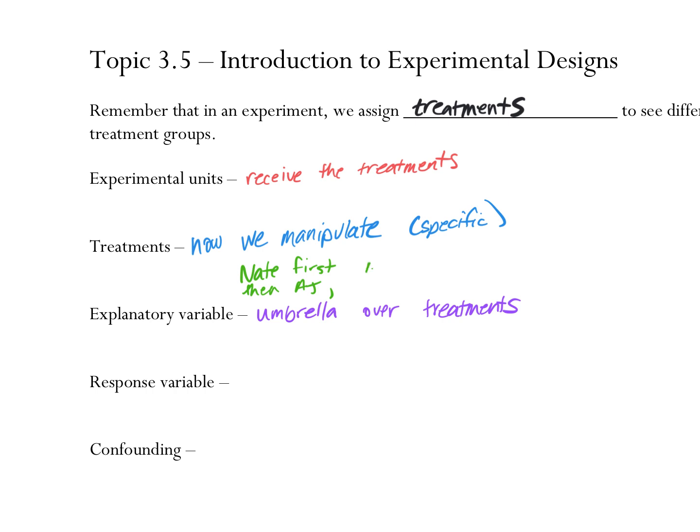And the other treatment was AJ first, then Nate. The explanatory variable would have been the name order. You see what I mean by the umbrella over the treatments? So the treatments are the different orders.